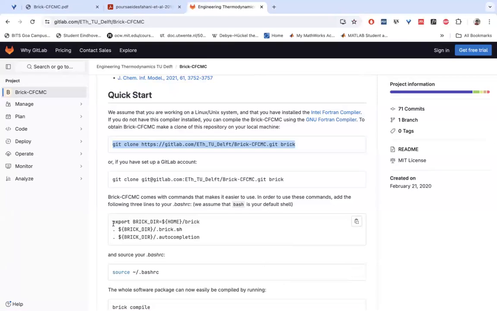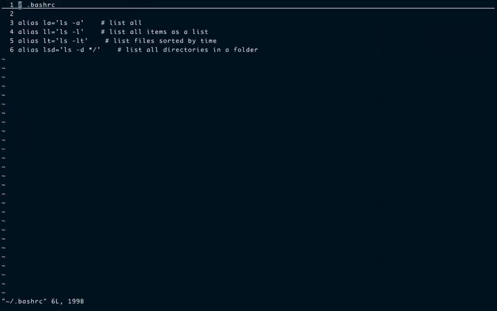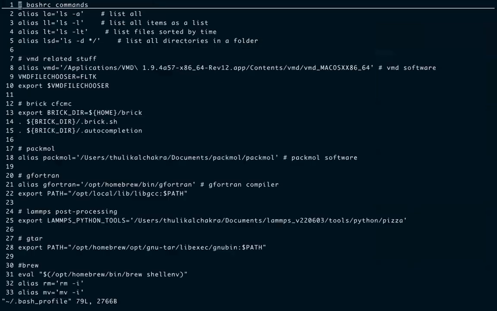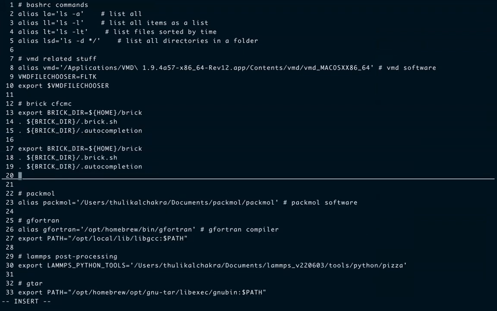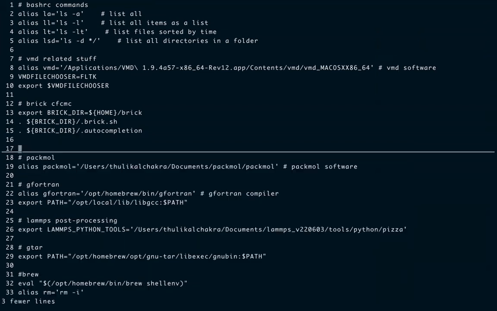Now you can add the following lines to your bash so that it becomes easy for you to access Brick from anywhere. For me, it is the bash profile. You see here, I've added the lines here. This has worked well for me. So you can see that I have the same set of lines.